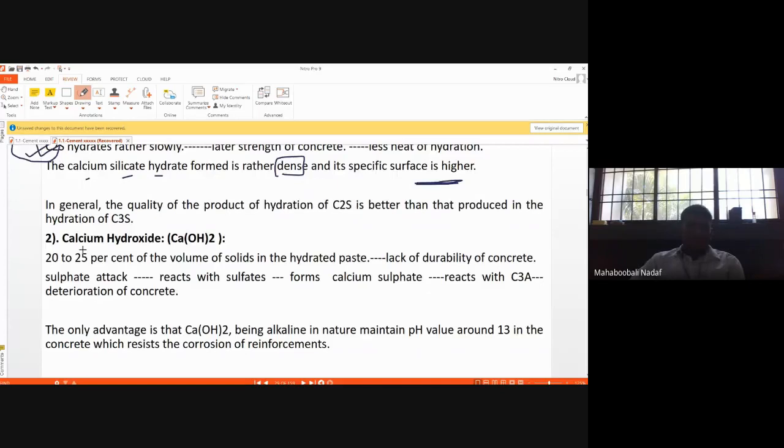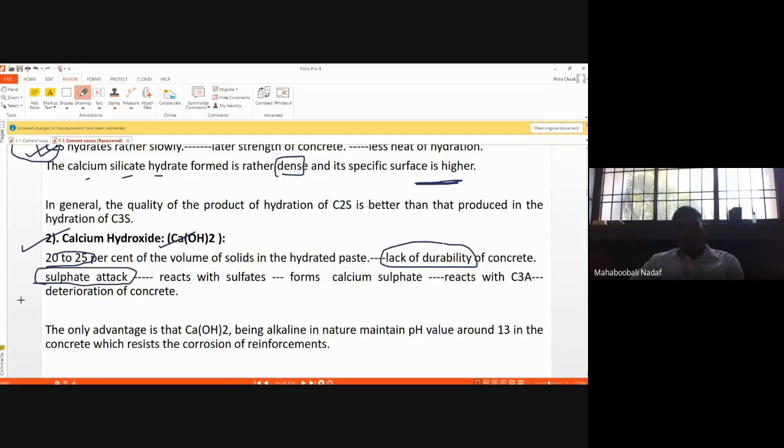Another compound which is forming is calcium hydroxide. Generally the gel is about 60%, and the remaining 20 to 25% is calcium hydroxide, which is not good. That is why I have written lack of durability. If this compound is more, the concrete will be under sulfate attack.